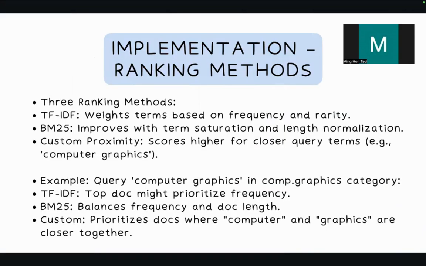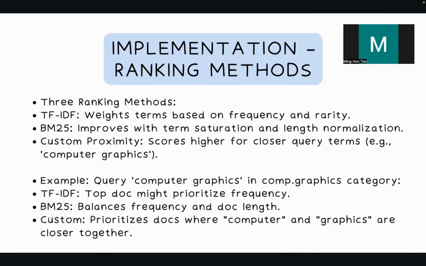The core of my search engine lies in three ranking methods. First, TF-IDF weights terms based on their frequency and rarity across documents. BM25 improves on this by accounting for term saturation and document length normalization. My custom proximity method scores documents higher when query terms are closer together, which is great for contextual queries like computer graphics.